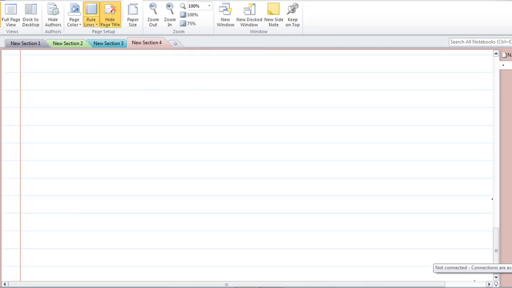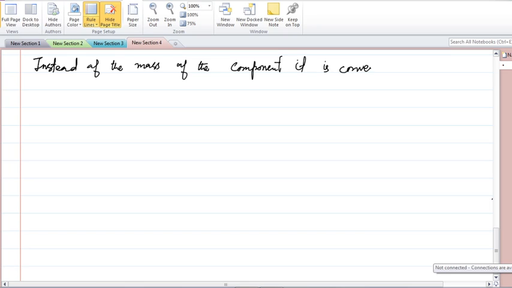So instead of the mass of the component, it is convenient to use the number of moles, the mole number simply.